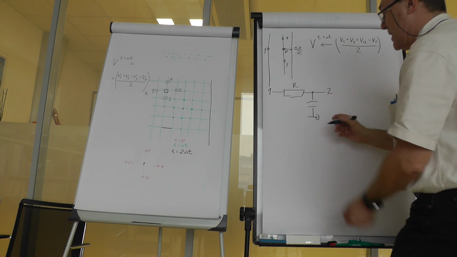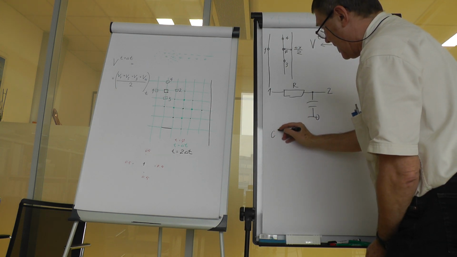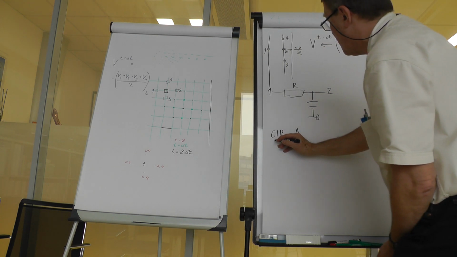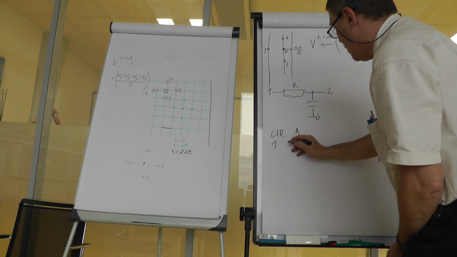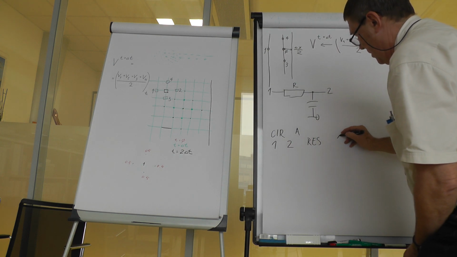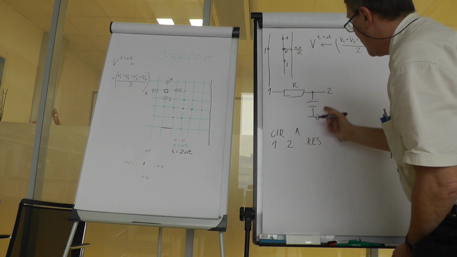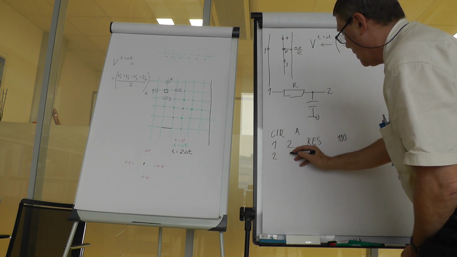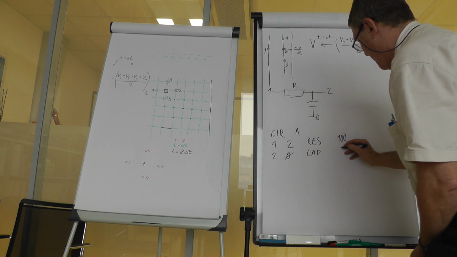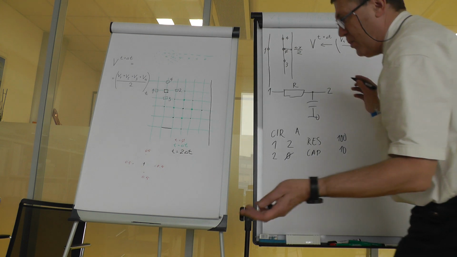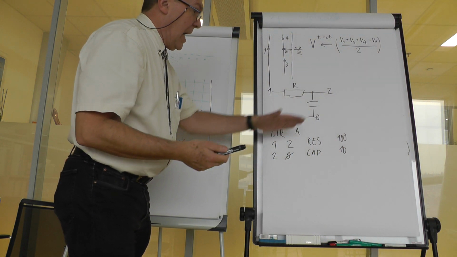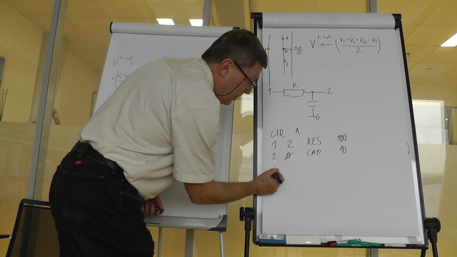And in order to put this into the computer, that would be something like circuit A, and then you would put from node 1 to node 2, resistor 100 ohms. From node 2 to node 0, capacitor 10, which would mostly mean 10 picofarads. And of course, there would be an end of the block.